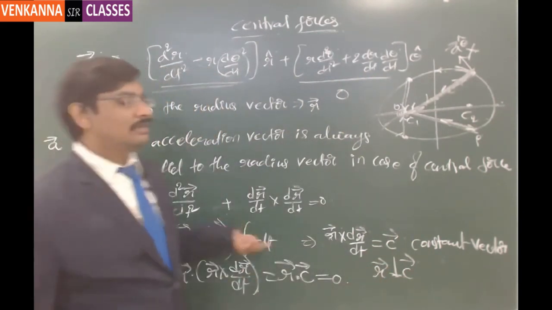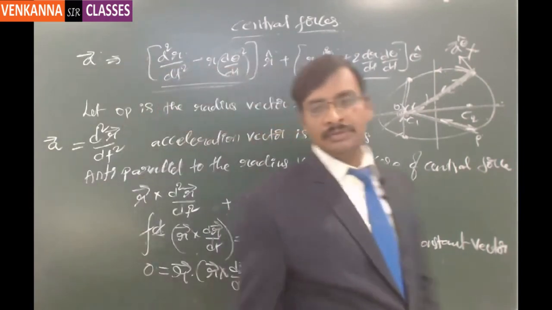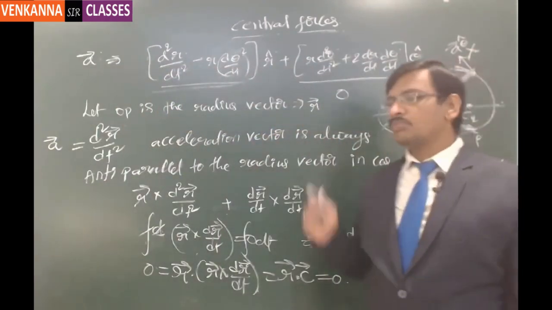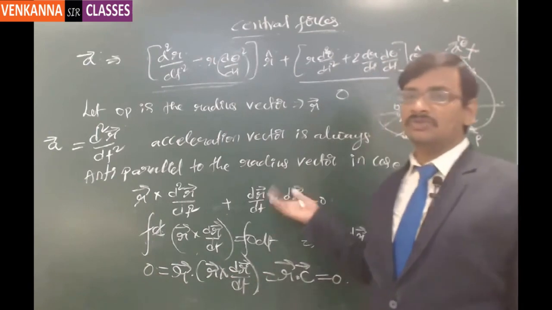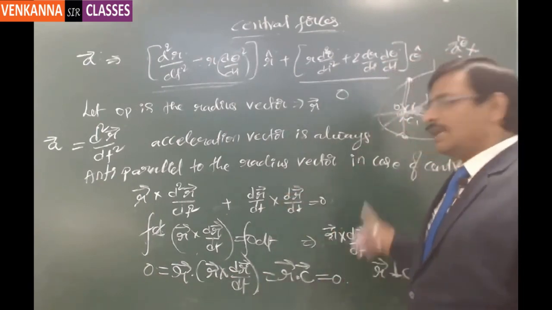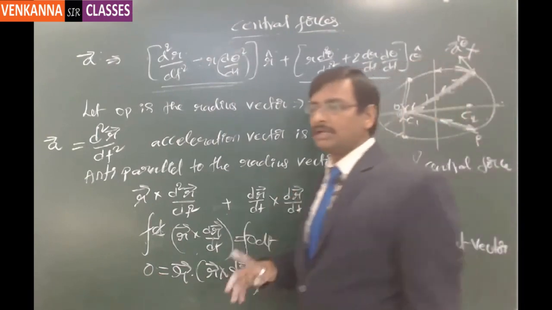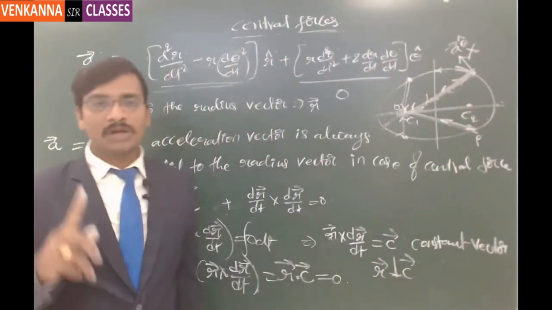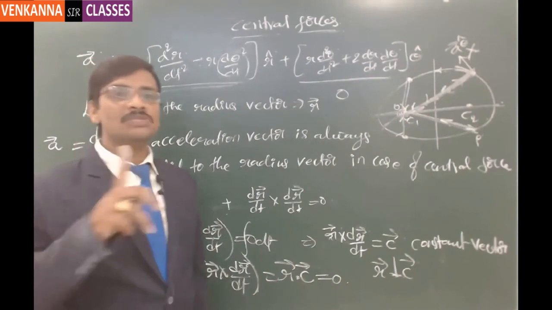So this is Kepler's first law. So angular momentum is constant. From there we are going to derive Kepler's second law, and the first law is every planet tries to rotate in an elliptical orbit with the sun as one of the foci.